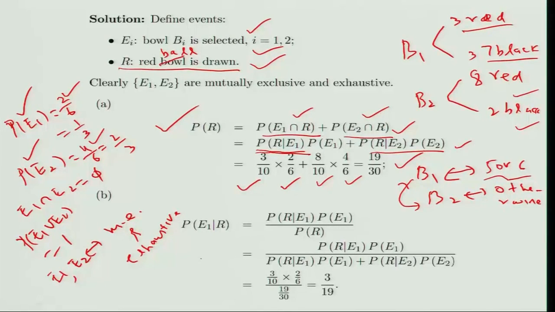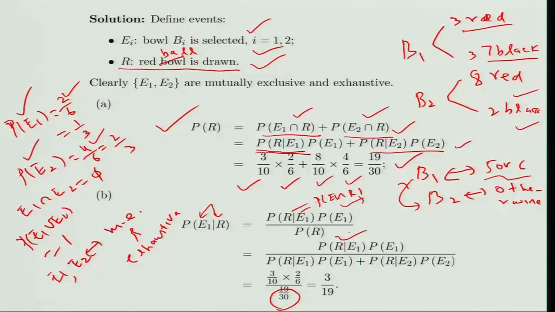Now let's look at the second part, where you are given that a red ball is drawn. What is the probability that it came from bowl B1? So that means probability of E1 given R, which by Bayes' theorem is probability of R given E1 into probability of E1, and basically this whole quantity is the same as probability of E1 intersection R divided by probability of R. Probability of R, in fact, I have found out over here, which is 19 by 30.